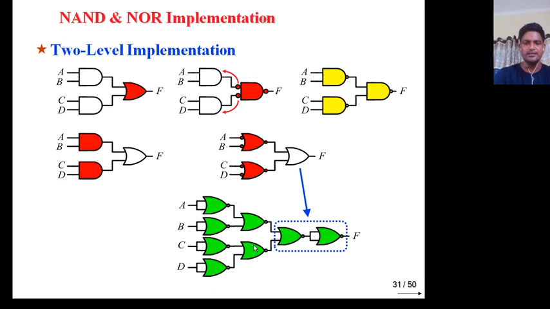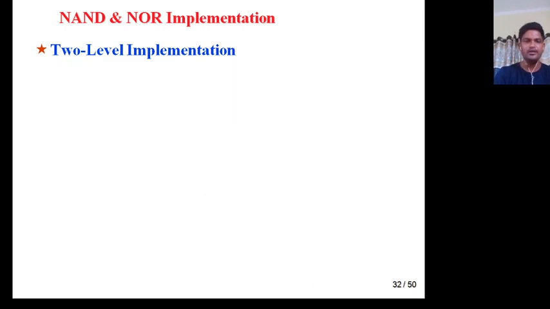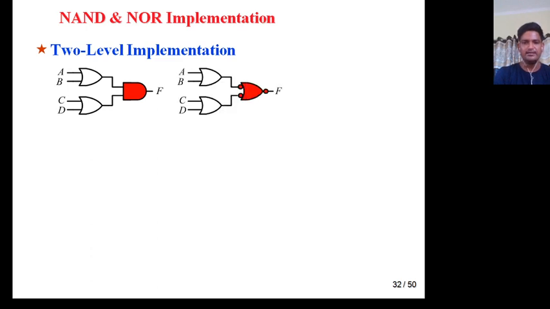But you have to implement only by using NOR gates. So again take two complements, one complement here and another complement for the NOT gate. You know A double bar equals A. This is your NAND NOR implementation.